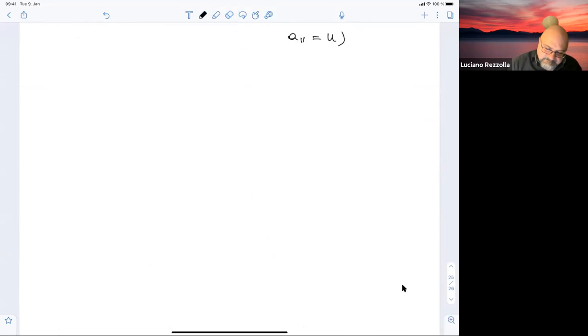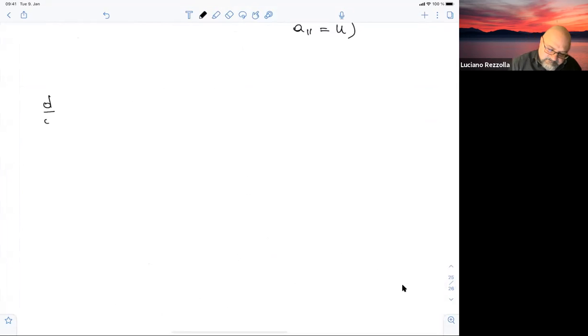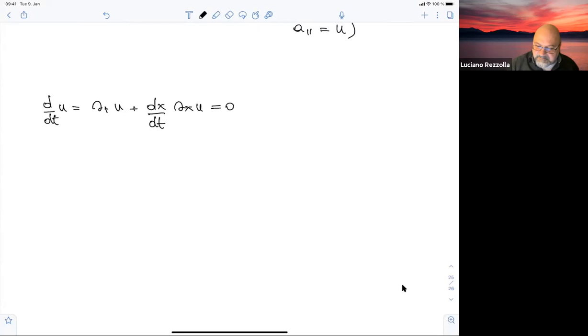Then dt of u, this would be dtu plus dx dt dxu, and this would be equal to 0 along directions lambda, which would now be u of x, t.